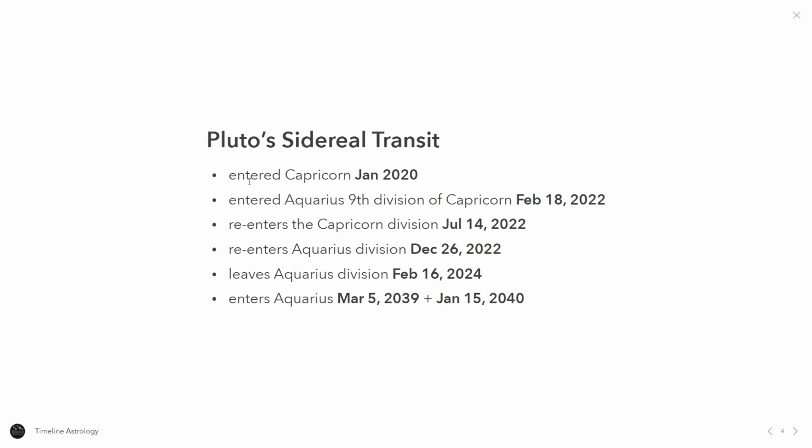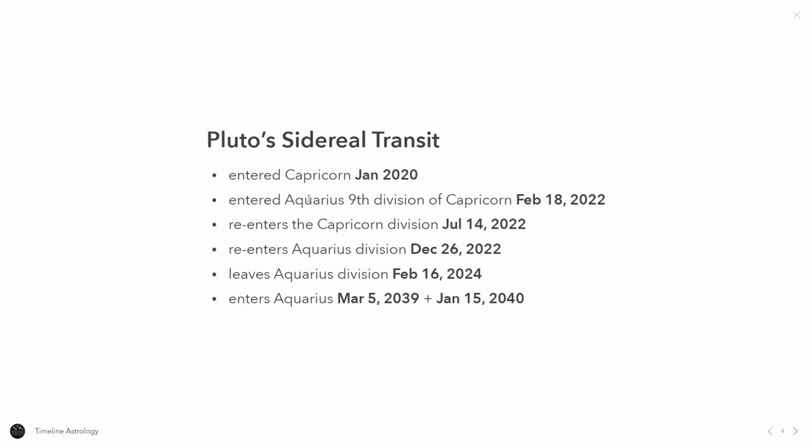So here you see Pluto entered Capricorn January 2020. Therefore, it also entered Capricorn at the same time in the 9th division, January 2020, until now it enters Aquarius, the 9th division, because that's the next one, because it's Capricorn and Aquarius, and they go in the same order.